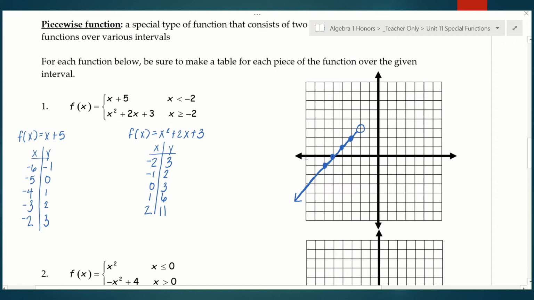So what's interesting is the first point, -2, 3, is actually the same point that was on the line that we left open, but now it's included on the parabola. So I'm actually going to go back and make that now a closed circle since it's part of the parabola. And then I'm going to plot the rest of my points here.